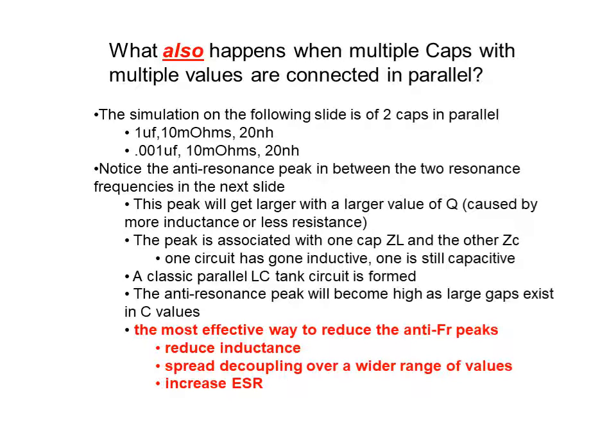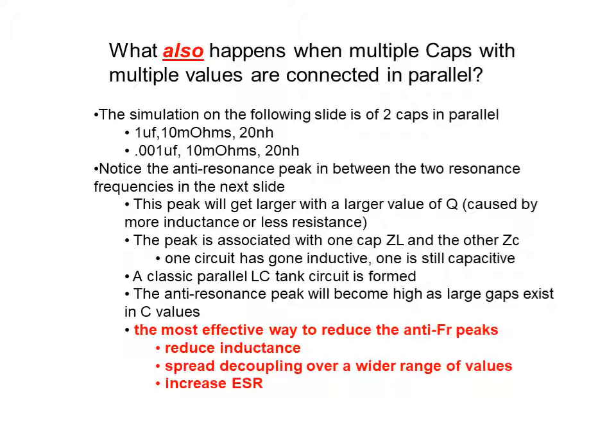Now, what also will happen when multiple capacitors with multiple values are connected in parallel. In this example, the simulation on the following slide is of two capacitors in parallel, 1 microfarad and 0.1 microfarad, with 10 milliohms and 20 nanohenry. The L and R values are the same, but two caps are placed in parallel here.